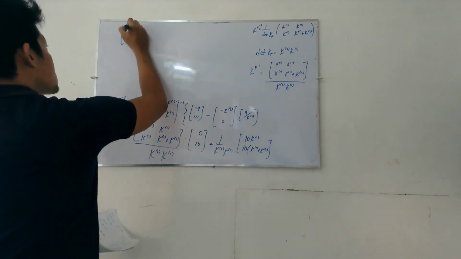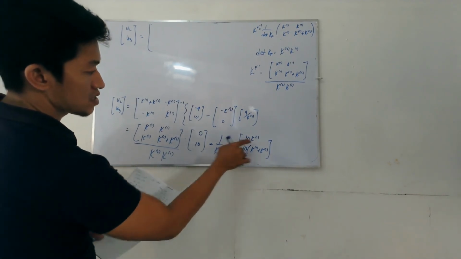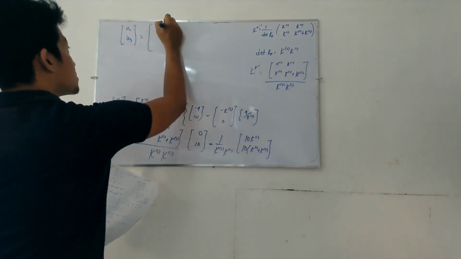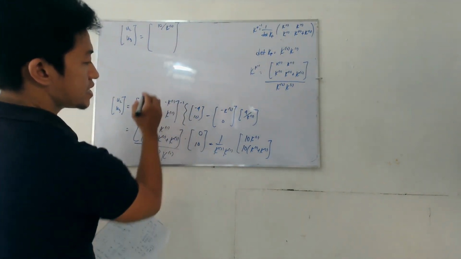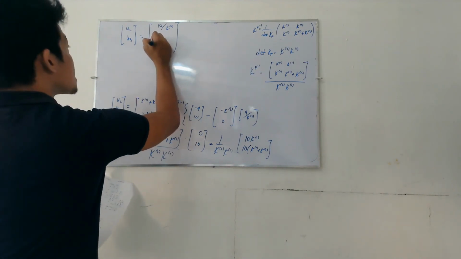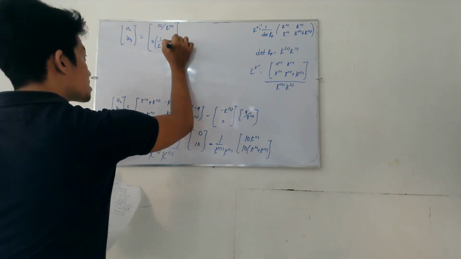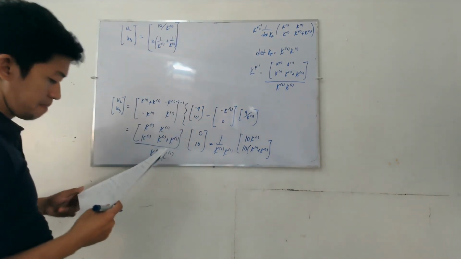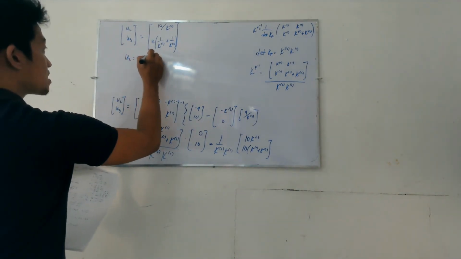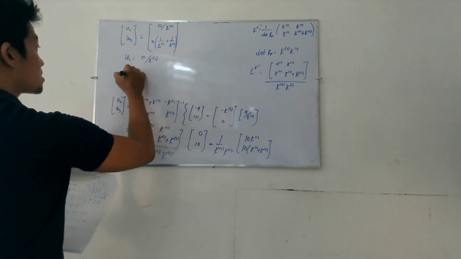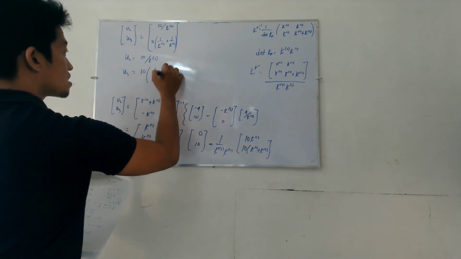Therefore, U2, U3 is 10 over K2, 10 times 1 over K1 plus 1 over K2. Okay, so U2 is 10 over K2 and then U3 is 10 times 1 over K1 plus 1 over K2.